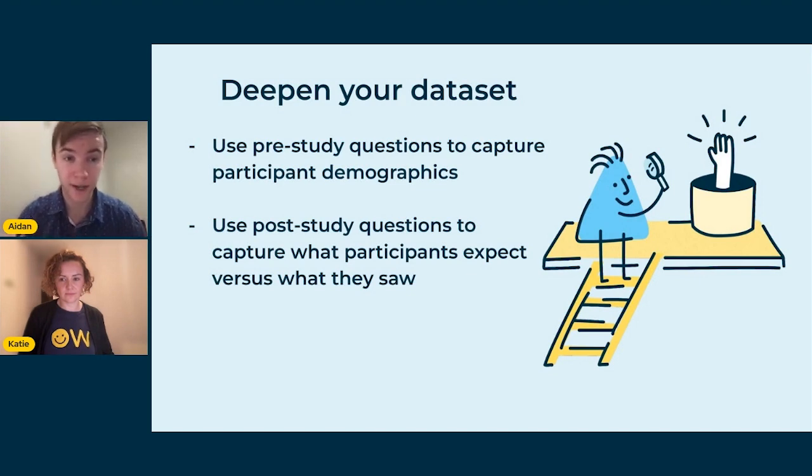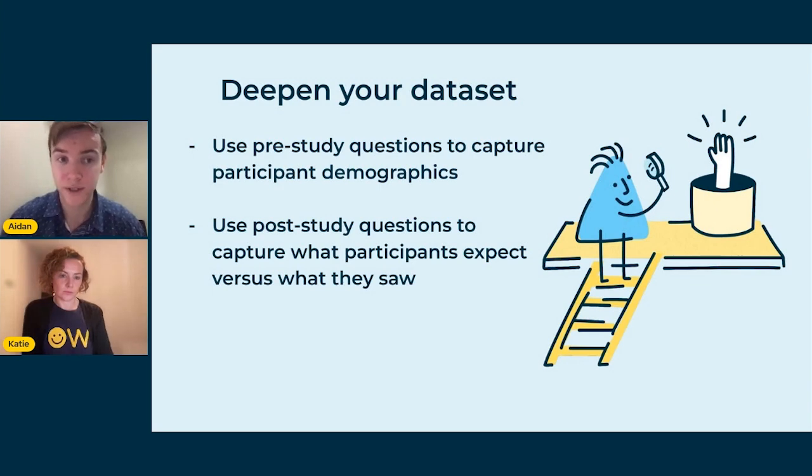You can ask a variety of questions, but in particular, some good ways to use pre-study questions could be capturing demographics, asking people about their age or their frequency of completing a certain task or behavior, such as Katie had with how frequently do you shop at this store. This can then be used in filtering, so it can be a great way to compare different personas that you may be looking to segment during your analysis.